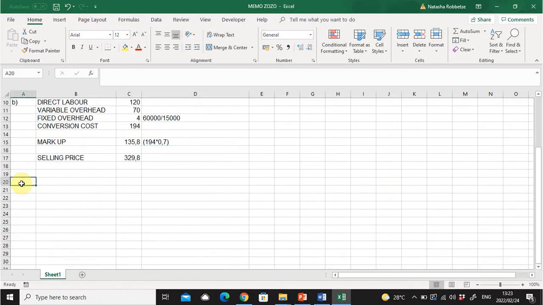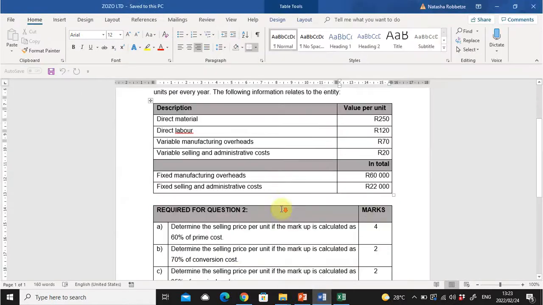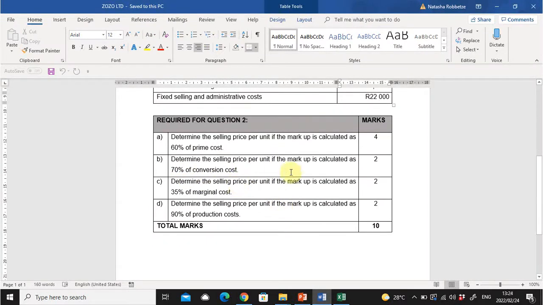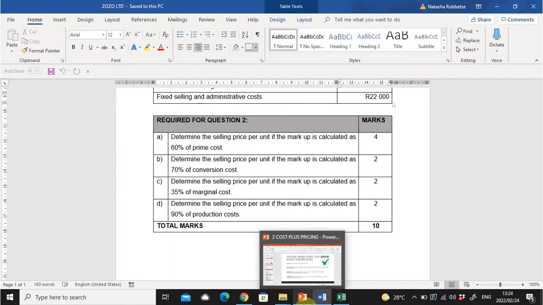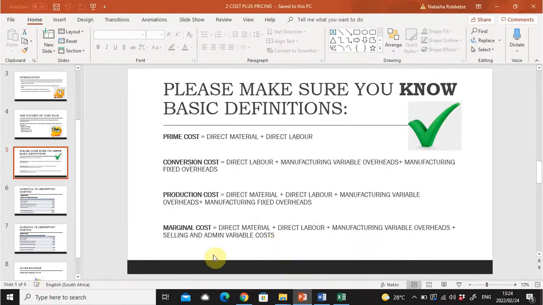Moving on to required number C, it says that we need to determine the selling price per unit if the markup is 35% of marginal cost. Right. So for marginal cost, let's go back to the slides and see.